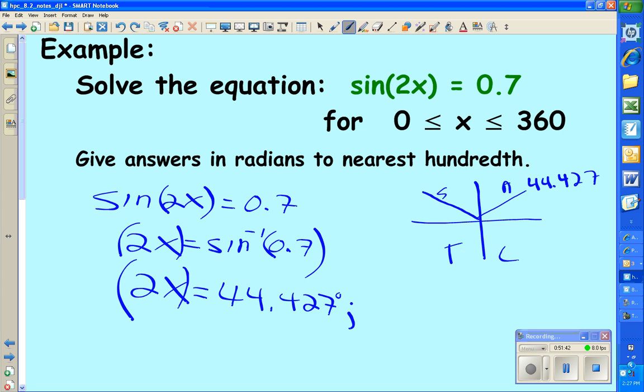So what's the other angle in quadrant 2? 135.573 degrees is your other angle. How do you find an angle in quadrant 2 if you know the reference angle? 180 minus the reference angle theta.